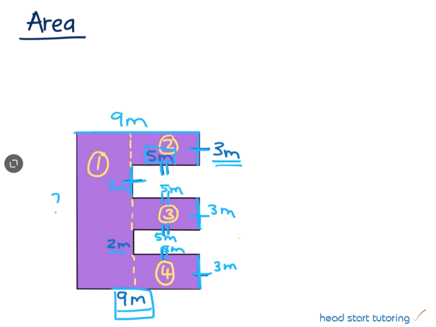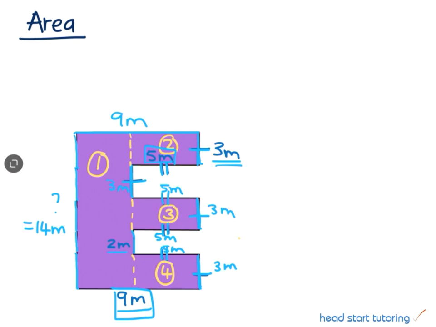We've also got another 3 meters there, and we've got 2 meters there. So if we were to bring this 3 meters across here, that would get us to 3 meters, plus another 3 meters gives us 6, plus another 3 gives us 9, plus 2 gives us 11, and plus another 3 gives us 14. So we end up with 14 meters on the side there.